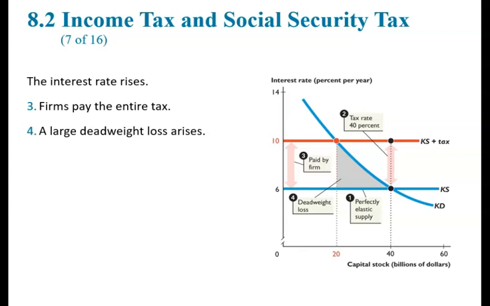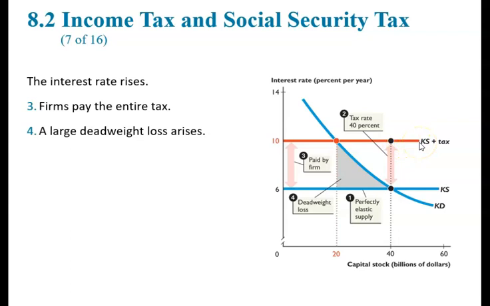And you can also show why this is happening by comparing the elasticity of demand of capital and the elasticity of supply of capital. You can see over here that the demand for capital is more inelastic than the supply of capital.